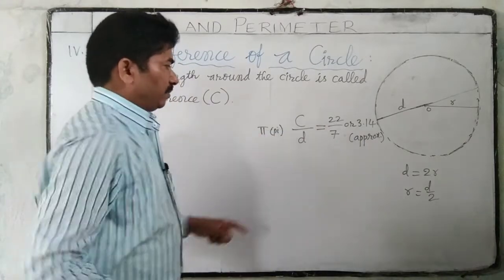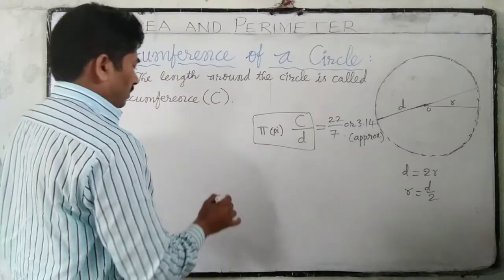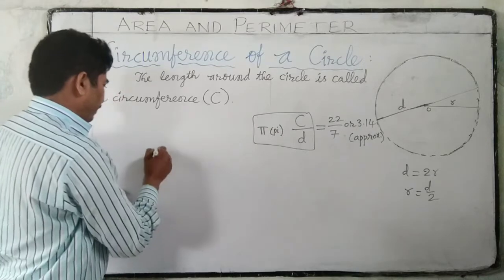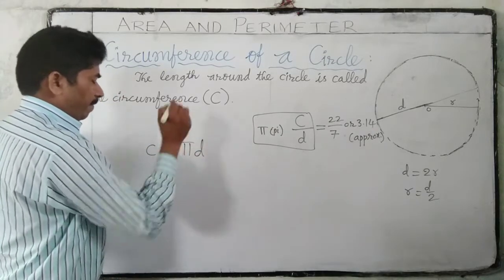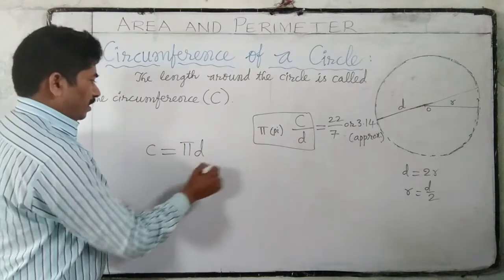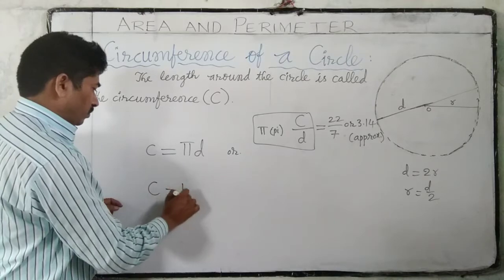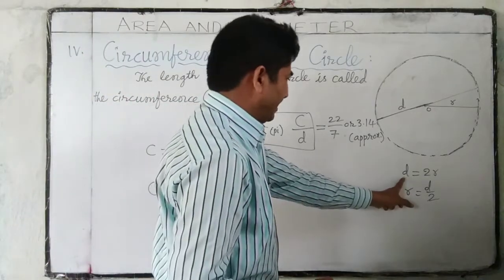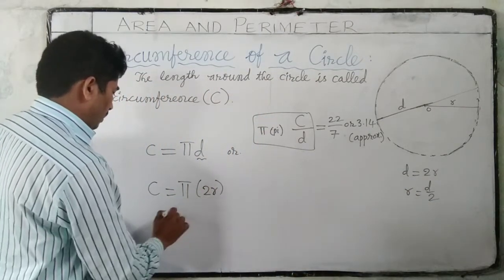So from this main formula we can write this: C is equal to pi D. We already know D is equal to 2R.